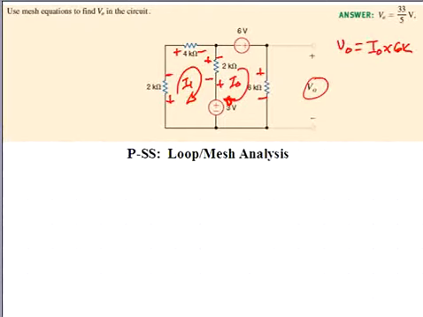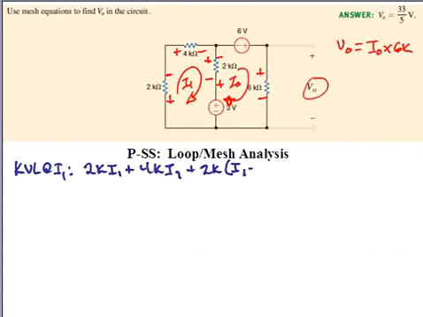So if we do a Kirchhoff's voltage law summation around the mesh I1, we'll have 2K I1 plus 4K I1 plus 2K, and then the difference of the two loop currents I1 minus IO plus 3 volts equals 0.